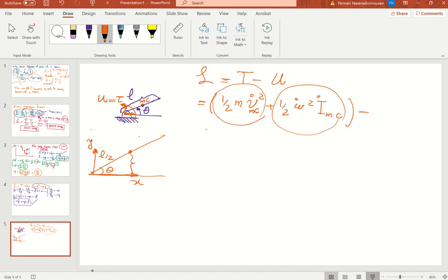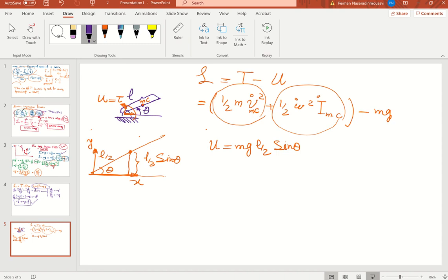So potential energy means this normal distance. How much is that by trigonometry? Yes, it is L over 2 sine theta. So your U is gonna be mg L over 2 sine theta.